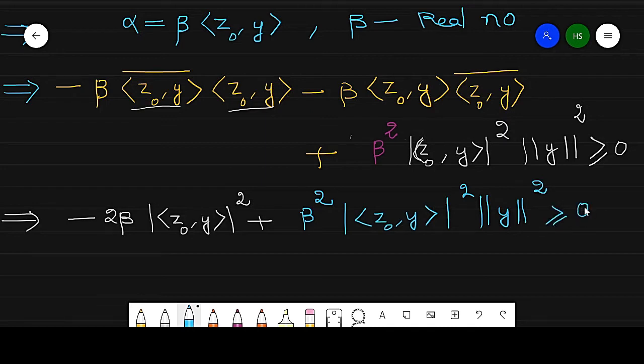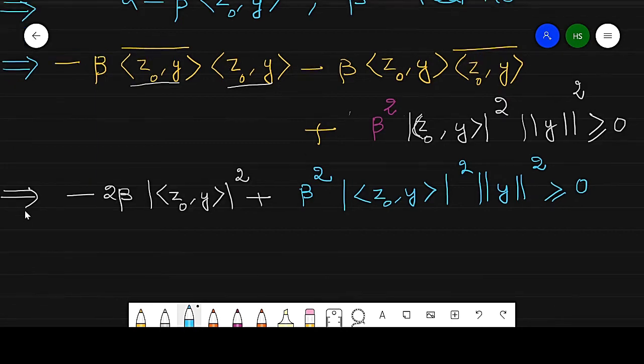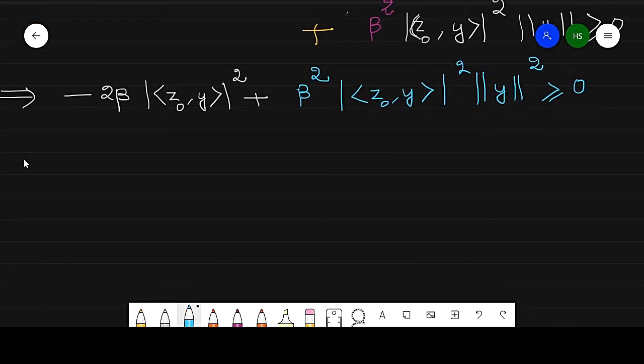So very carefully now, understand the next step. The absolute value of the inner product raised to power 2 is a positive real number, same is here, and same is here. So it is again a positive real number.